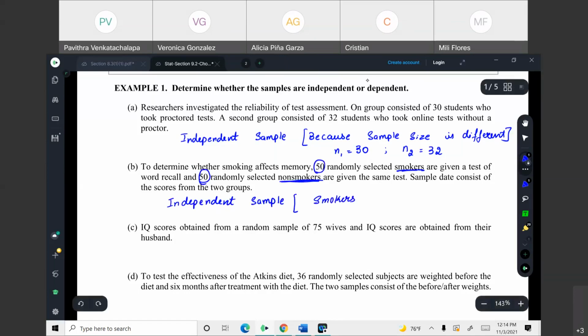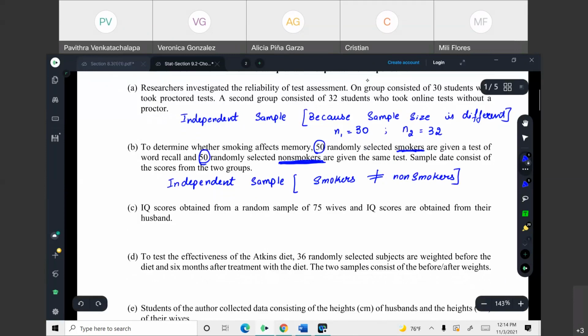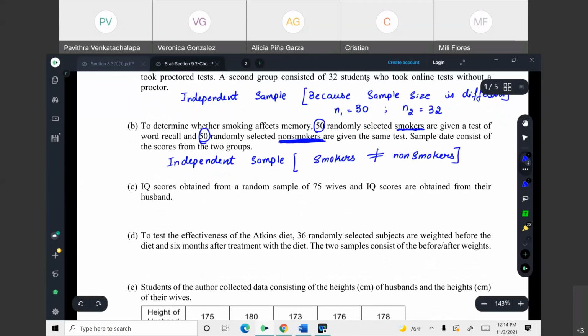Smokers not equal non-smokers. Yes. So even though the data is same, even though the value is same, the data is different. So you have to concentrate on both the value and the data. Okay. What about question C, part C?